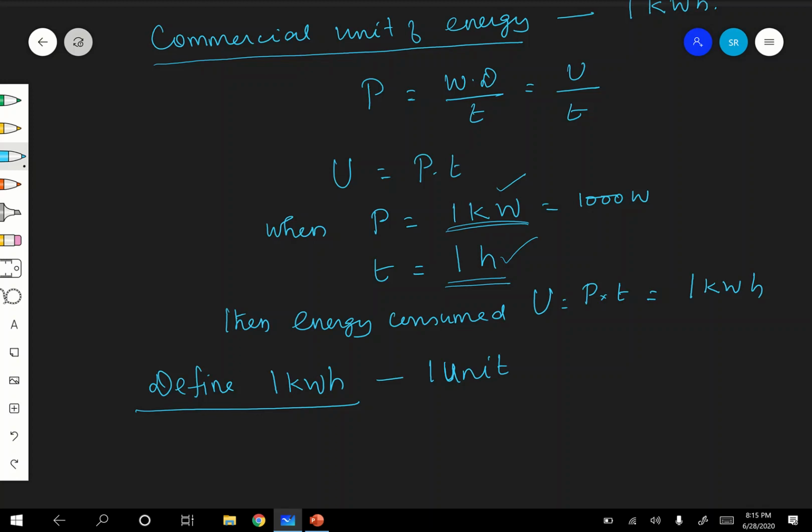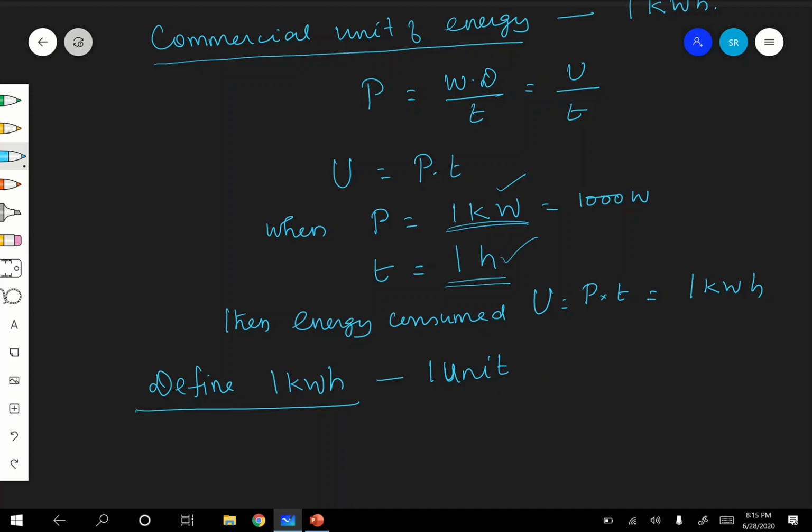Define 1 kilowatt hour. 1 kilowatt hour is nothing but 1 unit of electric energy. How to define it? 1 kilowatt hour is the total electric energy consumed when an electric appliance of power 1 kilowatt is used for 1 hour. That is what is called 1 kilowatt hour. Define 1 kilowatt hour once again.